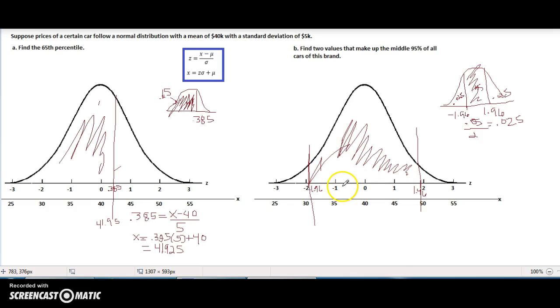Okay, so now we want to find the x's. We need to convert the z's to x's again. So we're going to do x equals, let's do the negative side first, negative 1.96 times the standard deviation, which is 5, plus the mean, which is 40. If you do that on your calculator, you will get 30.2.